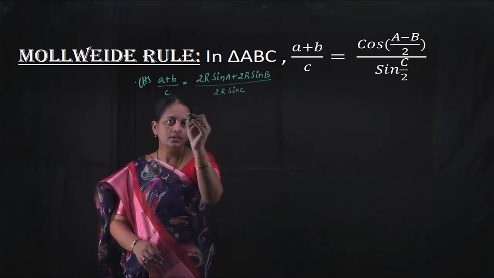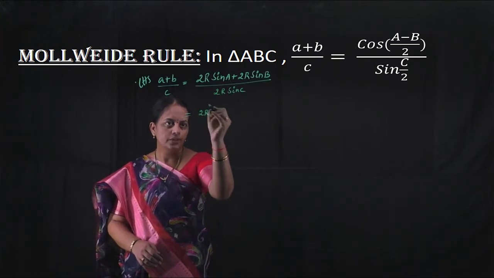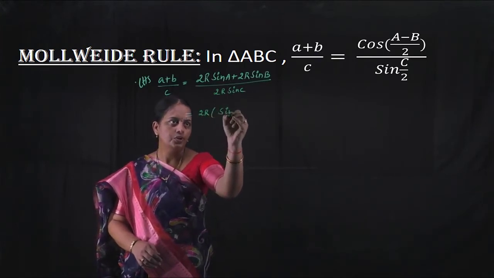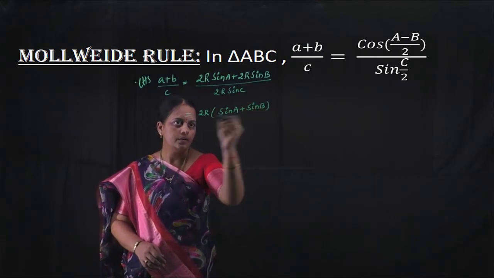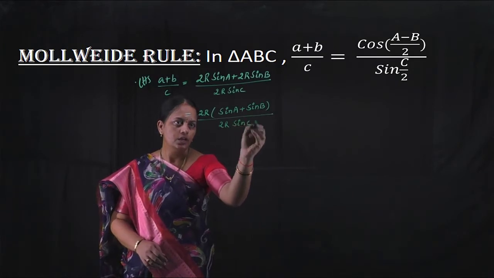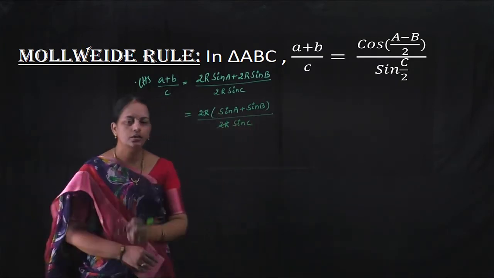In the numerator, taking 2R as common, we get 2R into (sin A + sin B) by 2R sin C. Here 2R gets cancelled.